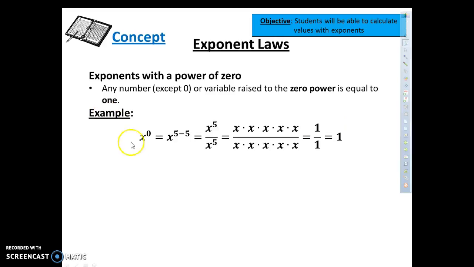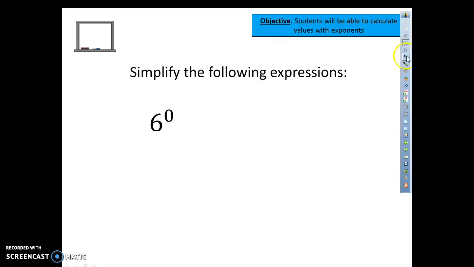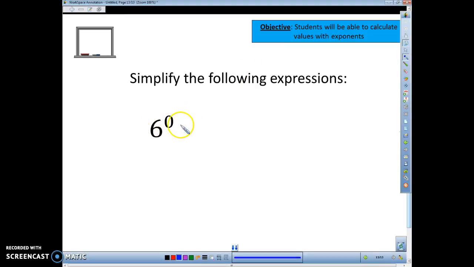And this is why x to the 0, or any number, works the same exact way. Instead of x's, these could be 2's, these could be 5's, anything you want. These always will work out to be x to the 0th power is 1. Okay, so we're going to write a couple of these examples on the back of your notes, and this should be pretty simplistic. 6 to the power of 0, well, that is 1.